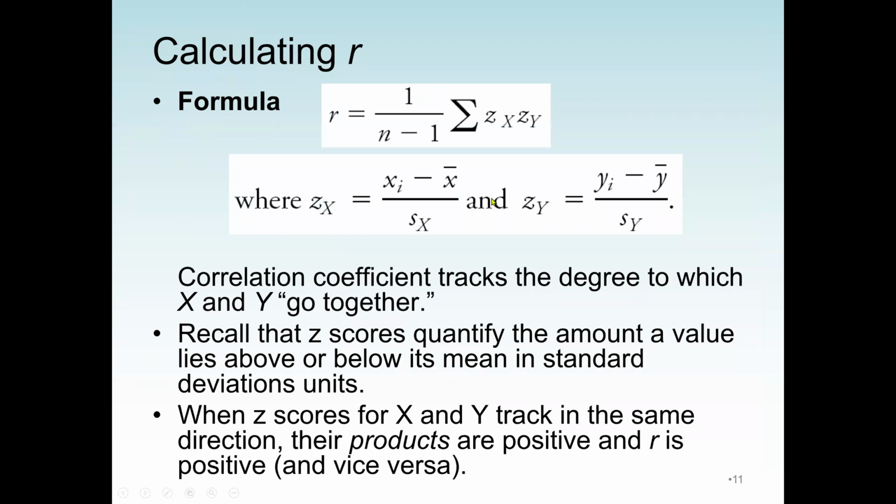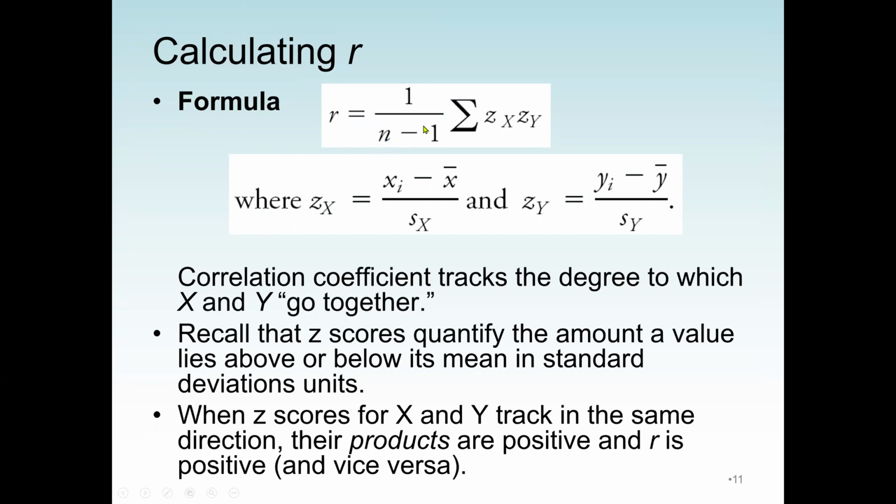So how do we calculate R? That's the formula given here. The main thing to know is that the correlation coefficient finds the relationship between two variables, X and Y. So here we have the X values and Y values. To find the correlation coefficient, first we should know the sample size.